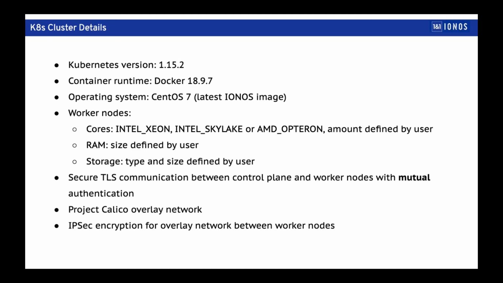It also allows you as a user to gain access to its API, and through that, you can even, for example, define individual network policies. It has one downside. It does not provide encryption itself for communication between the worker nodes. This is why we have implemented encryption ourselves on top of that, basically as an IPsec configuration that acts as encryption between the worker nodes for the overlay network.